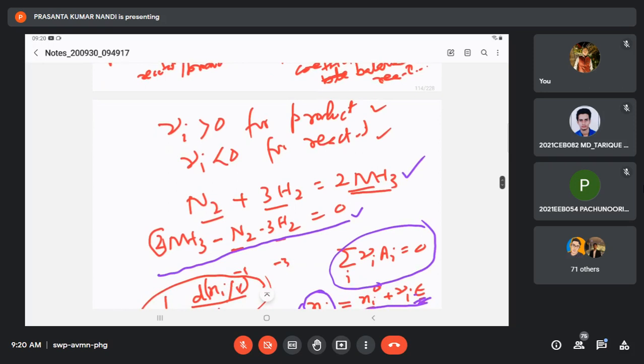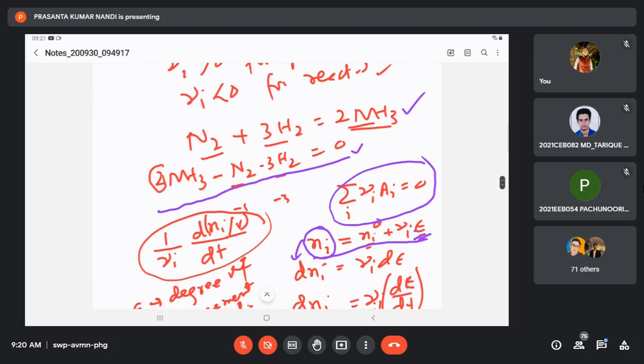Okay. Now, the purpose of writing this equation in this compact form is going to be clear to you. Let N_i, what is N_i? Once again, we consider this equation, summation over i of nu_i A_i equal to 0, or in general a chemical reaction, it is a representative one.